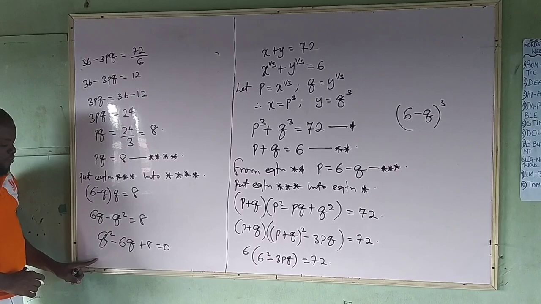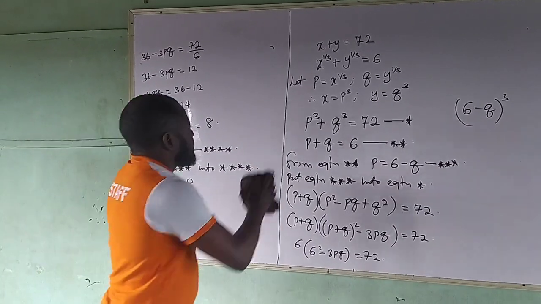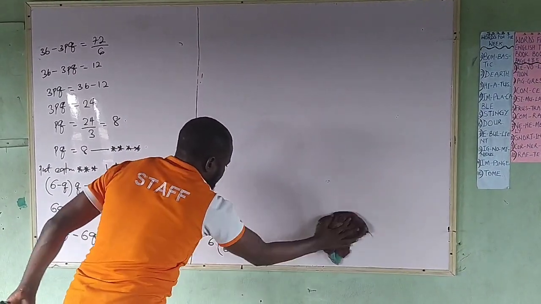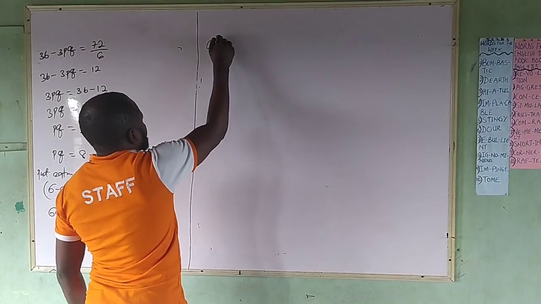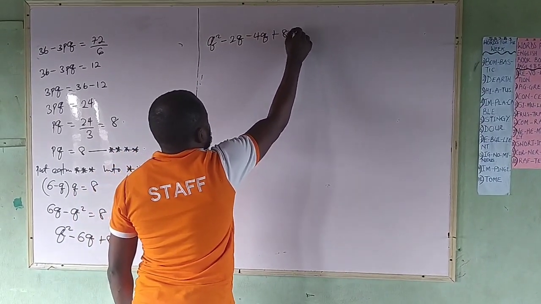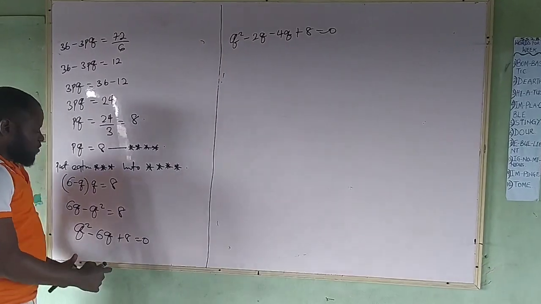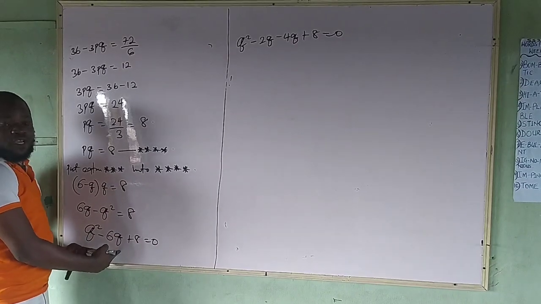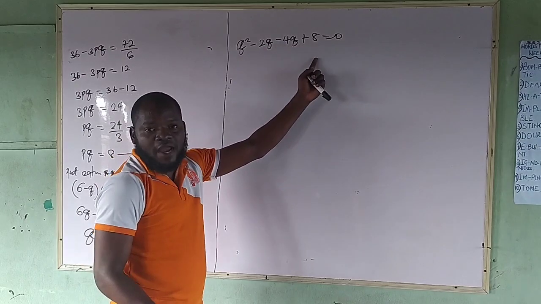And then we can solve this equation quadratically now, right? To solve the equation quadratically, we are going to be having what? q squared minus 2q minus 4q plus 8 equals 0. Of course, you know how we get that. We look for two factors that when you multiply them together give 8q squared, and when you add them together give minus 6q, and that's minus 2q minus 4q.